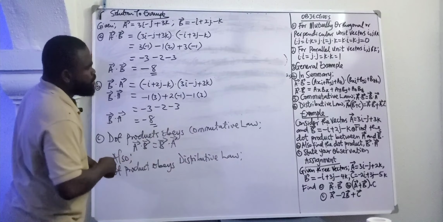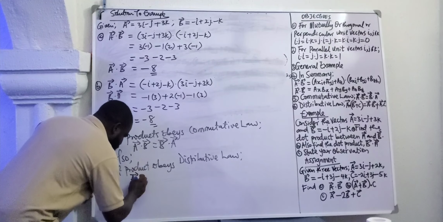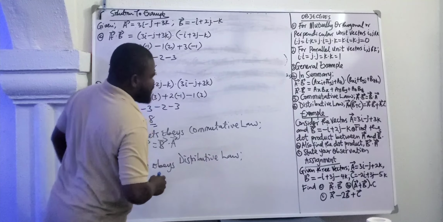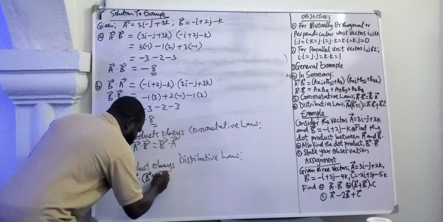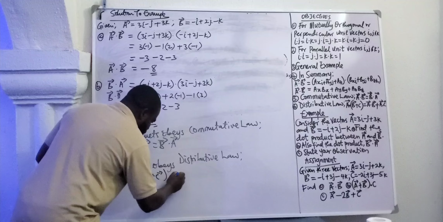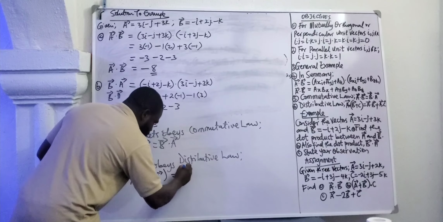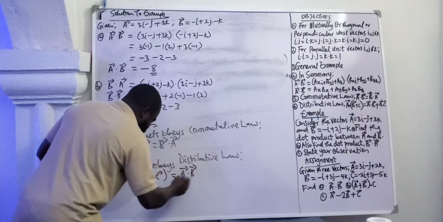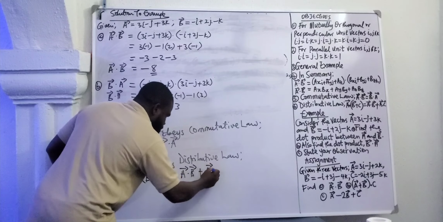That is, vector A dot vector B plus C is equal to, you open a bracket, you have A dot B plus A dot C.